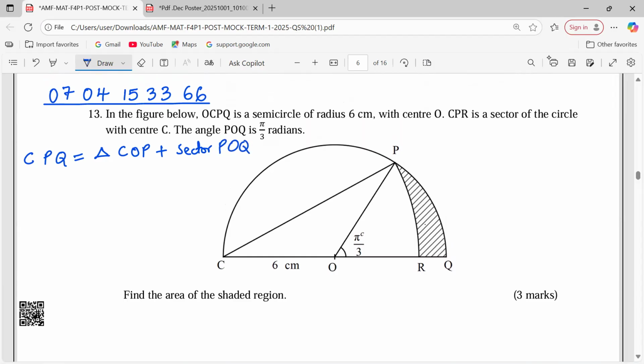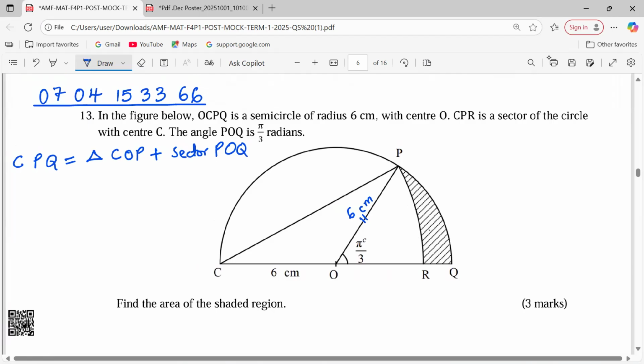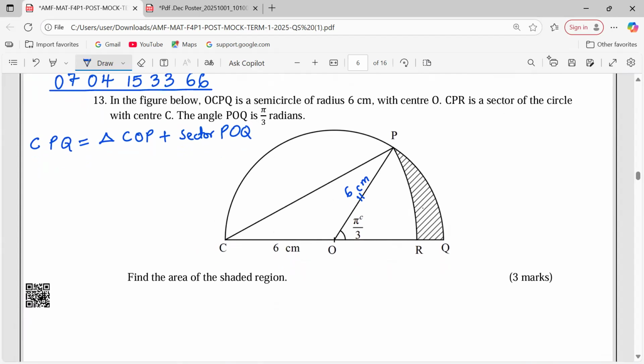So we have to work out the triangle, which has 6 centimeters at this point, then we also find the sector POQ. Then we add, and we will have gotten the whole area of CPQ.